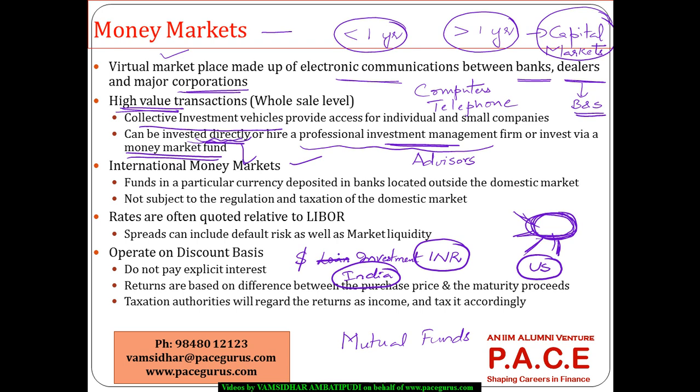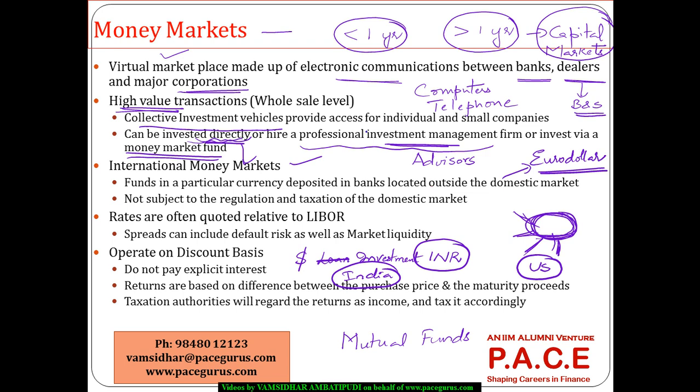That is called an international money market. Typically, we see examples like the euro dollar market, where a dollar is deposited in banks outside the United States. Dollar denominated deposits outside the United States are called euro dollars. Similarly, I can use various such names. I can use a yen-based deposit in banks outside Japan. All these are typically international money market instruments.